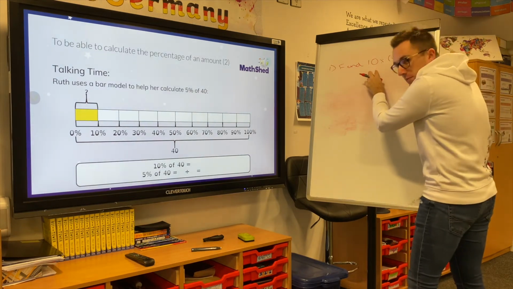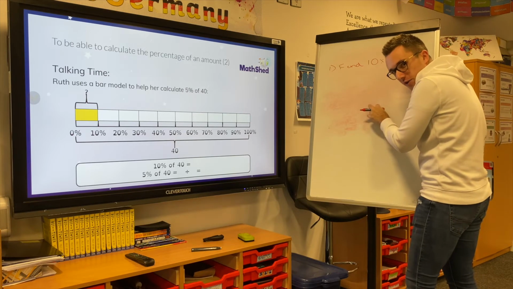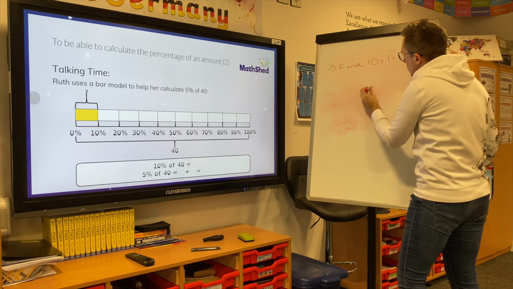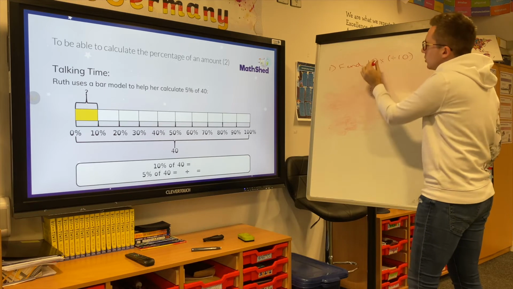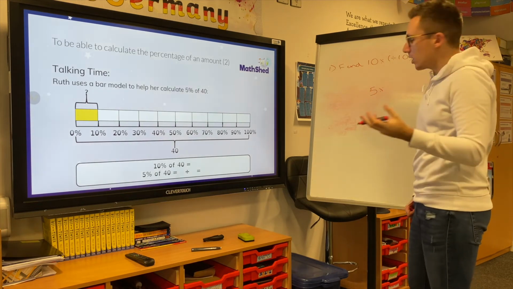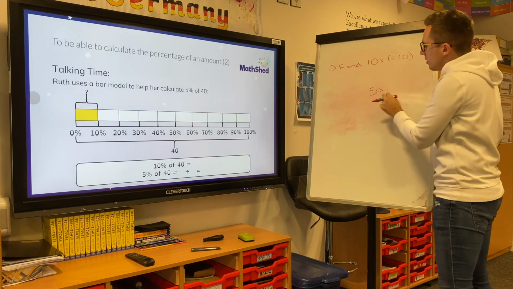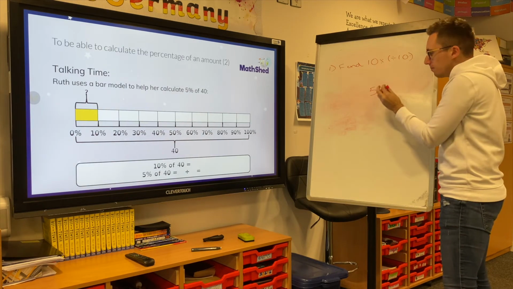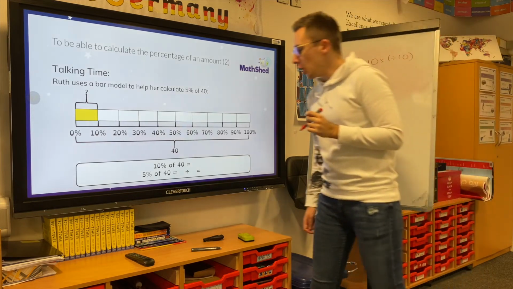But we don't want 10%, we want 5%. Well, how do you get from 10 to 5? You halve it. So once you've got your 10%, you halve it to get your 5%.